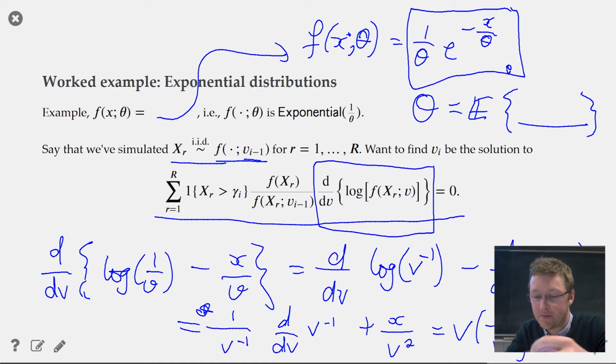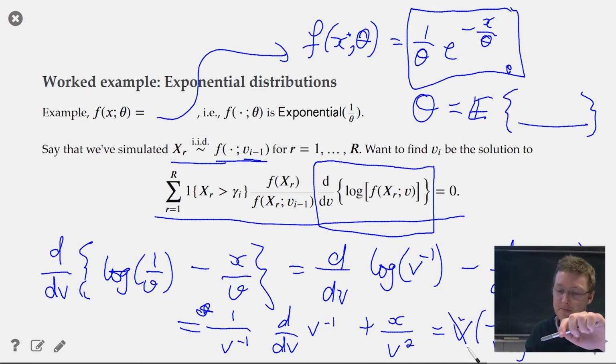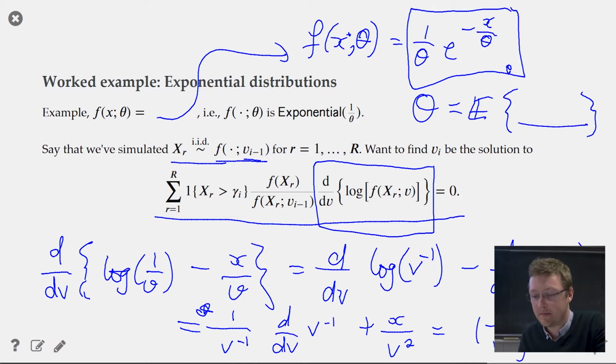And then this v cancels with the square, and we have, now, did I get that right? 1 on v minus 1 on v plus x on v squared. Okay, that looks like it worked.